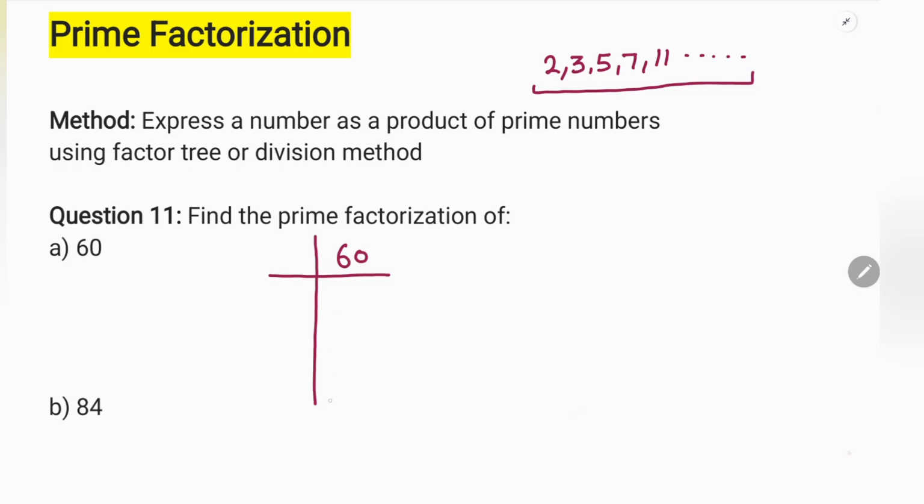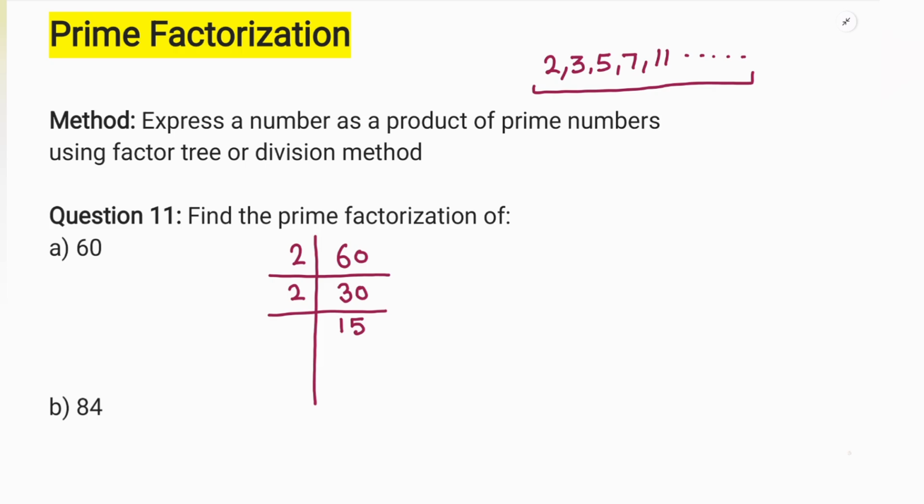I will start with 2 because 60 is an even number, so it is divisible by 2. What will I get? 2 threes are 6 and 0, 30. Is 30 divisible by 2? You will say yes, and then I will divide and I will get 15.